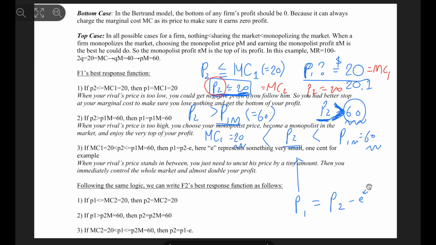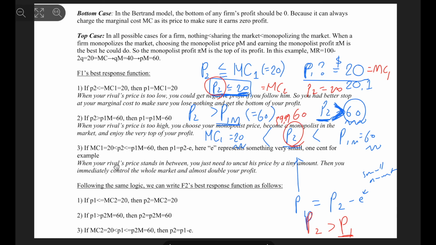So this represents a small amount of price, right? We just want P2 to be slightly bigger than P1. Then P1, the firm 1, will win the game no matter what the price of P2 is, right? If it's $60, right? Then P1 goes to 59.99, right? That wins the market.